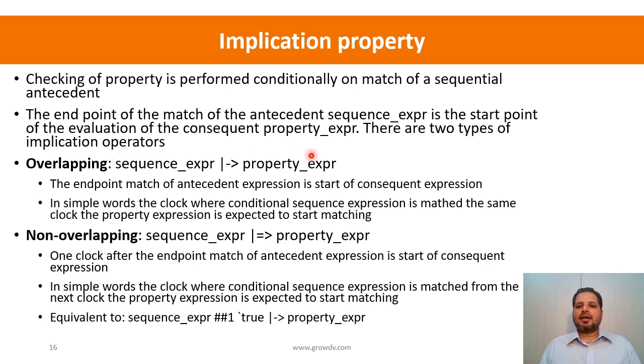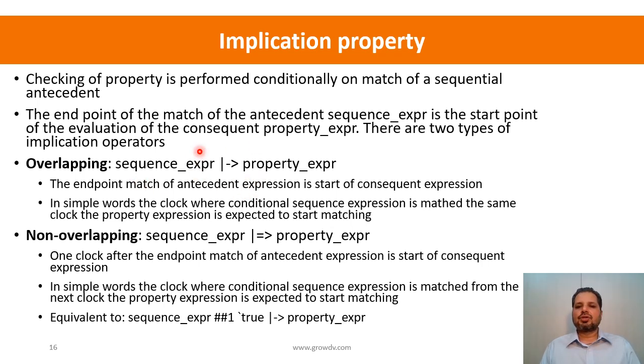There are two types of implication operators. One is called overlapping, and notice the way you have a pipe, minus, and then greater than sign. This is your overlapping. Here the endpoint match of the antecedent expression is the start of the consequent expression. It's the same clock. For example, let's say we have a request, and as soon as request is asserted, we want to check the grant.